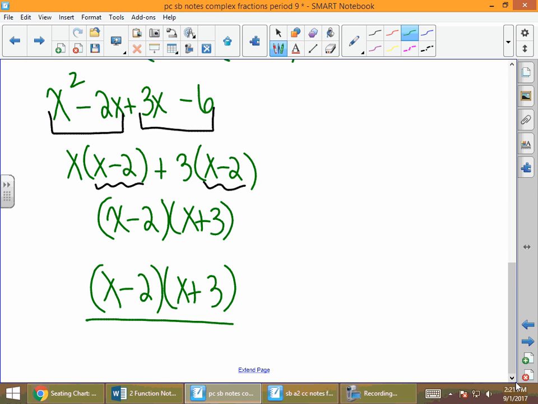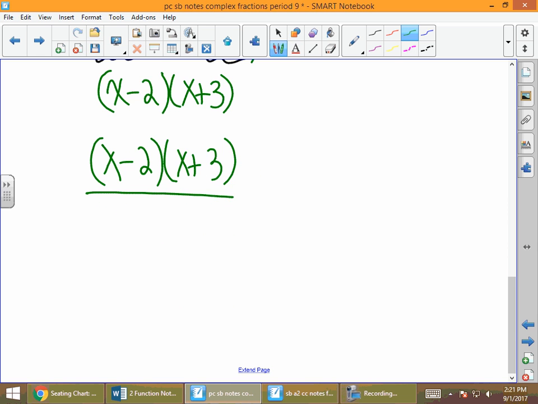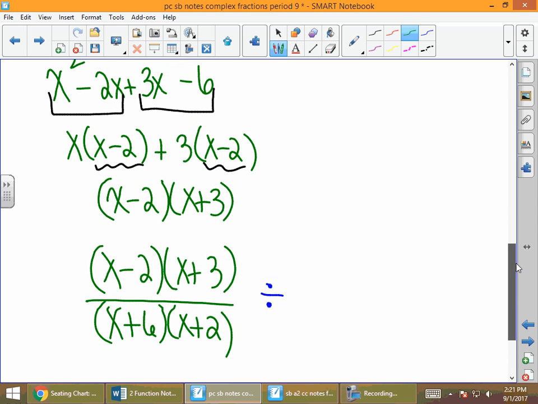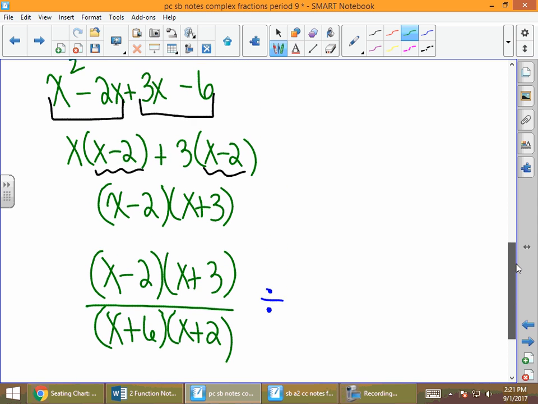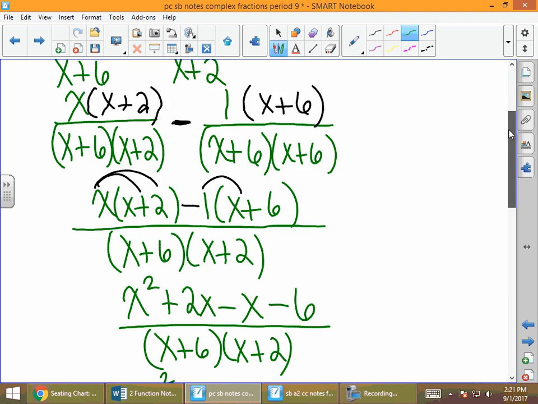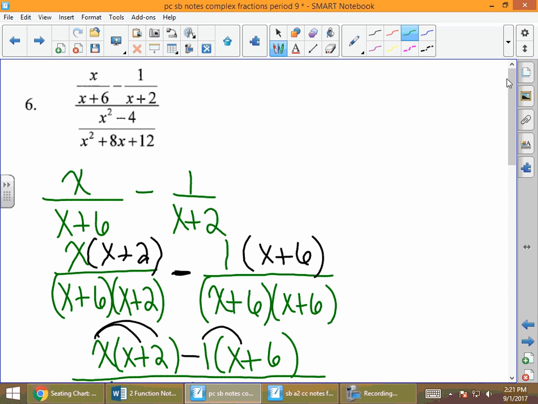In our denominator, we have x plus 6 and x plus 2. And eventually here, what we're going to do is we're going to divide. So I'm going to scroll back up at the very top here and see if I've got enough space.